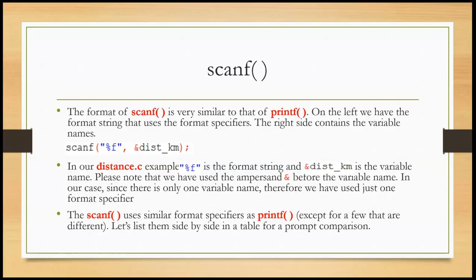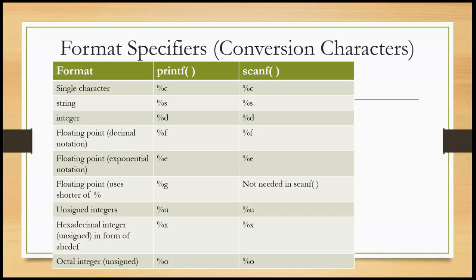The scanf uses similar format specifiers as printf except for a few that are different. Now let's list them side by side in a table for a quick comparison. As you can see in this table, almost all the format specifiers that are used in printf are also used in scanf except for the %g format specifier, which is not needed in scanf.